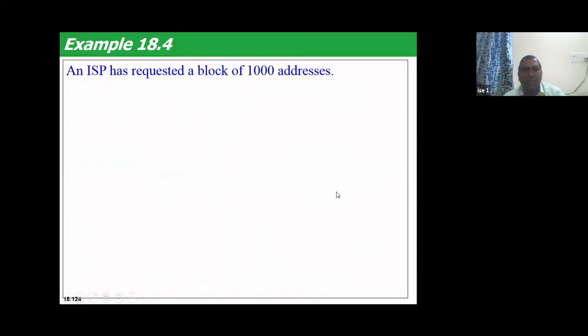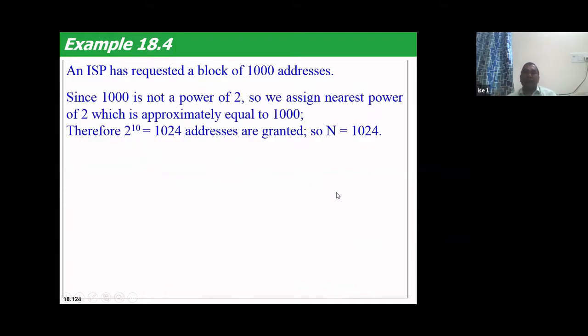Suppose an ISP has requested 1000 addresses from ICANN. Now 1000 is not a power of 2, so I'll search for a power of 2 higher than 1000 and approximately equal to it.